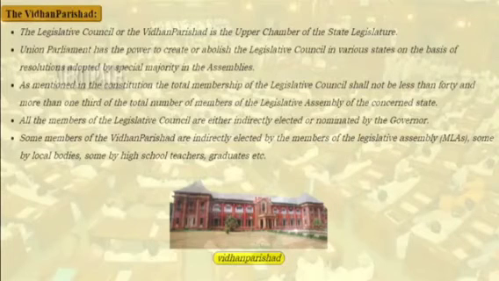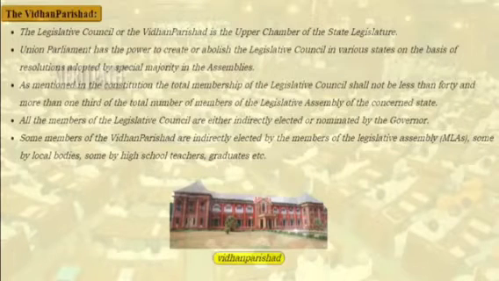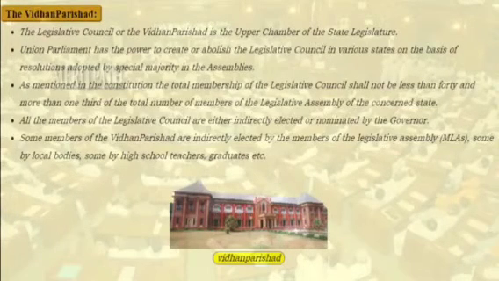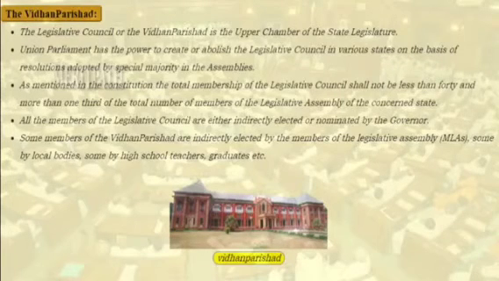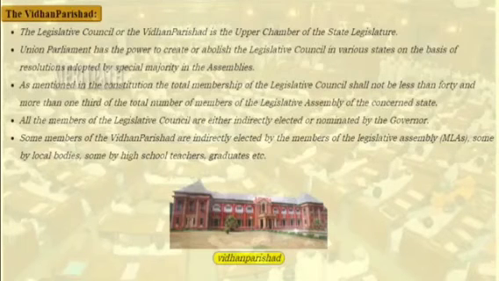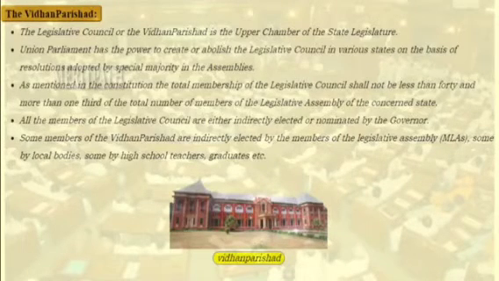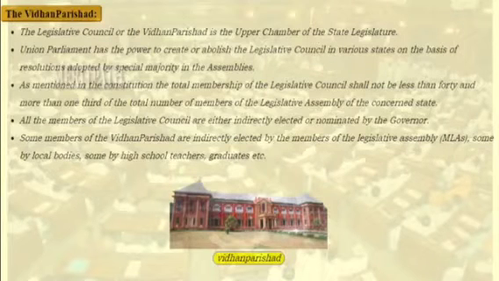So not less than 40 will be in the upper house, the Vidhan Parishad, and not more than one third of the total members. The members of this Legislative Council are indirectly elected or nominated by the governor.